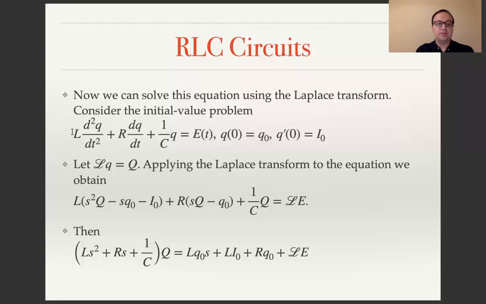Let's consider the initial value problem L q double prime plus R q prime plus 1 over C q is equal to E of t, where we have the initial conditions Q at time 0 is equal to Q0, and Q prime at time 0 is equal to I0. So the derivative of the charge is the intensity, and I0 represents the intensity at time 0.